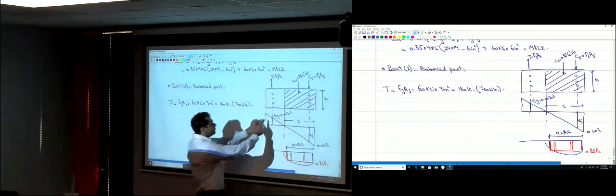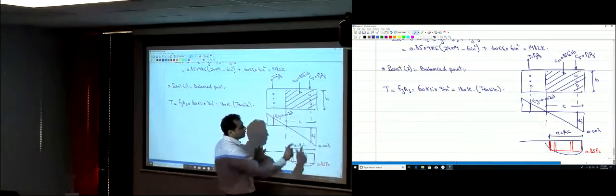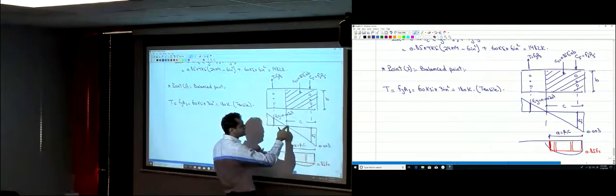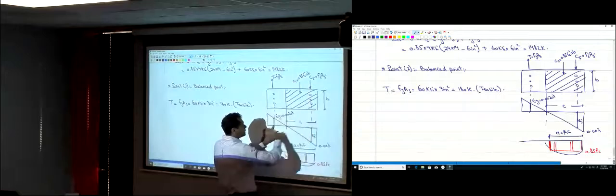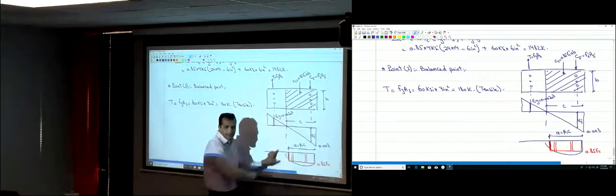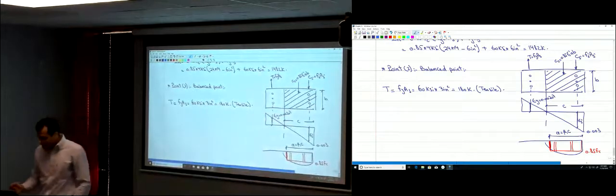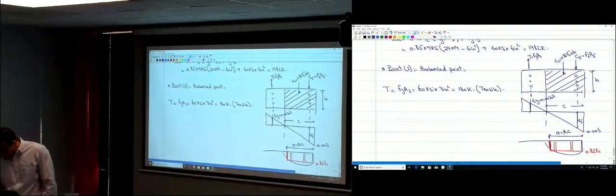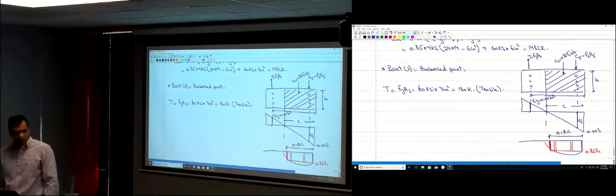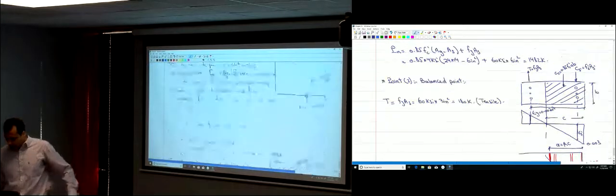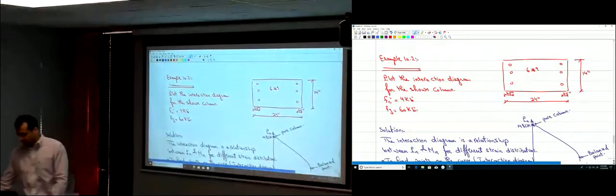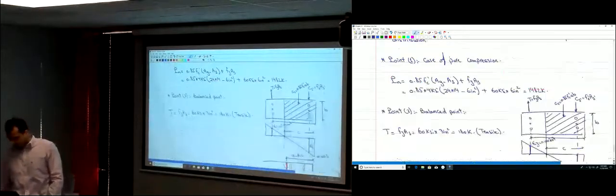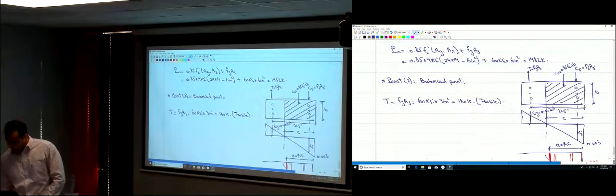From the similarity of those triangles, right? 0.003 divided by c is equal to epsilon y divided by that distance, which is d minus c. How much is that distance from here to that steel? You remember we called this d before? The width of the column was 24 minus 2.5, so 21.5 inches.